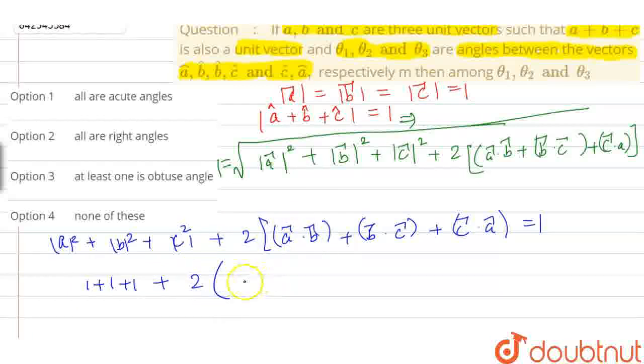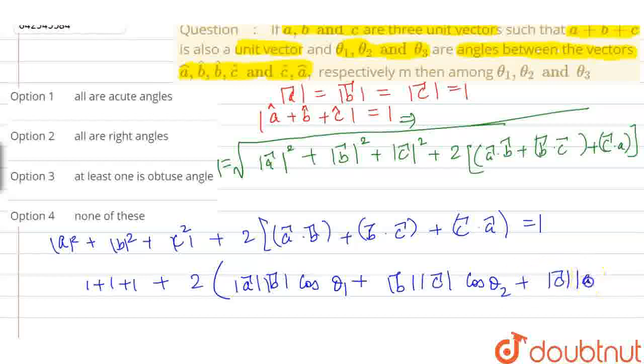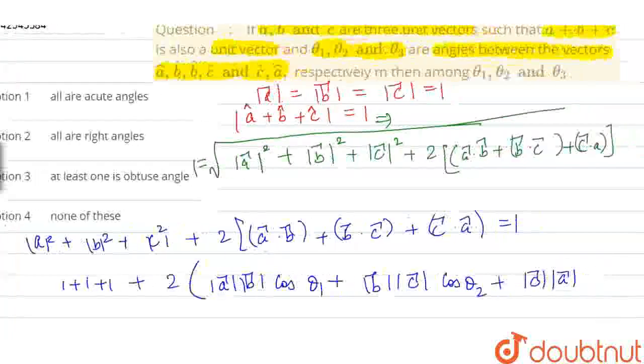The dot product A dot B is magnitude A into magnitude B into cos of the angle between the two vectors, that is theta 1. Similarly, B dot C is magnitude B into magnitude C into cos theta 2, and C dot A is magnitude C into magnitude A into cos theta 3, and the whole thing is equal to 1.